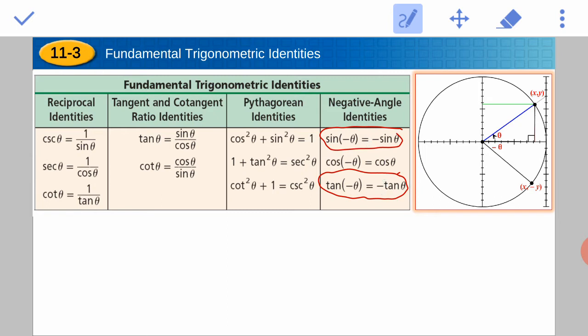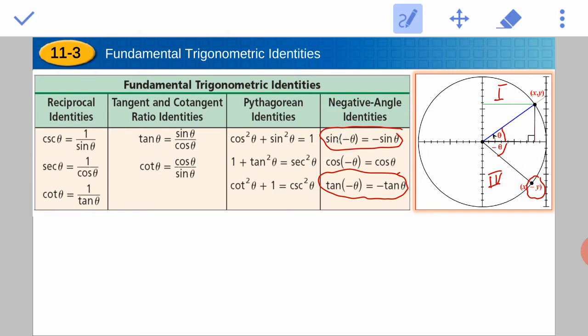But how can we prove that? How can we understand that? Guys, take the angle theta in the first quadrant and the angle negative theta in the fourth quadrant. This is quadrant 1 and this is quadrant 4. Guys, if you calculate sine angle theta in quadrant 4, remember sine theta means the y coordinate. Y is negative in quadrant 4.